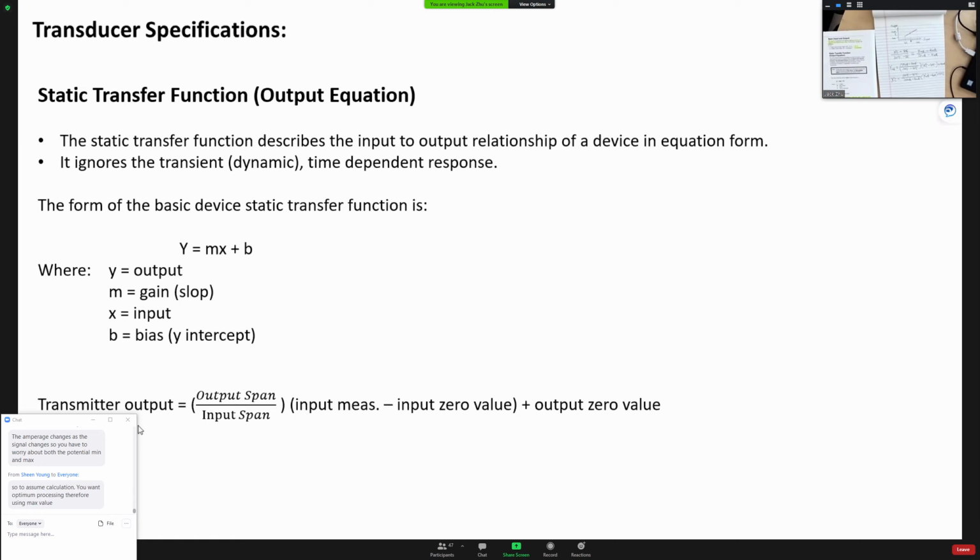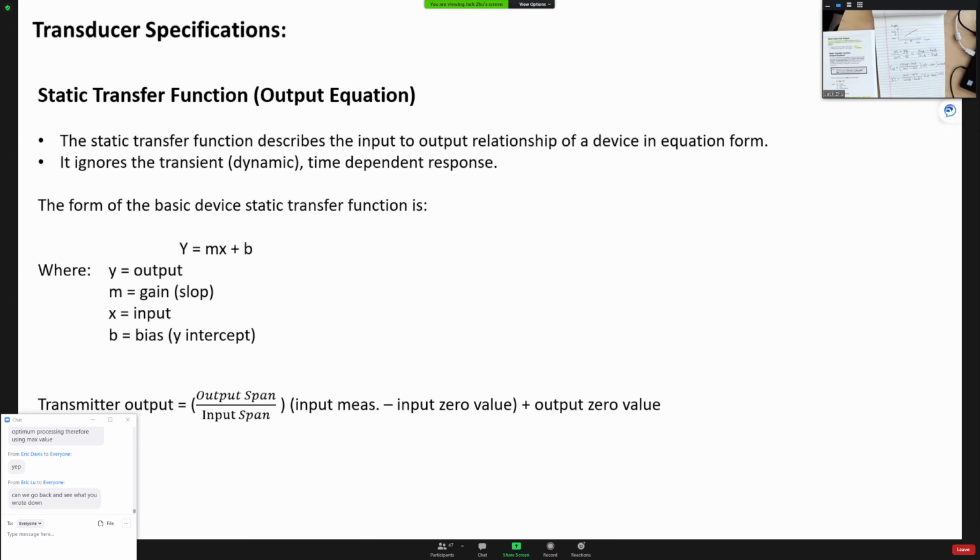Your transmitter's output is the output span divided by input span, times the input measurement subtract input zero value, then add output zero value. Does this make sense? Good.